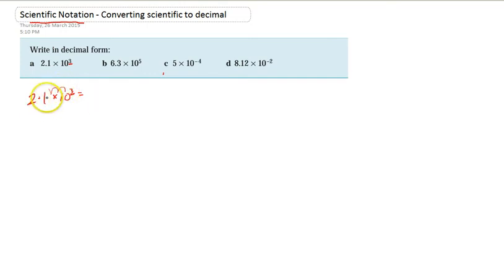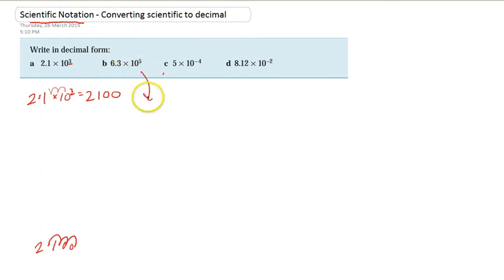So it's going to be 2.1. If I move the decimal 3 spaces, 1, 2, 3, put zeros in there, I end up with 2100. I'm just multiplying it by 10 to the power of 3.